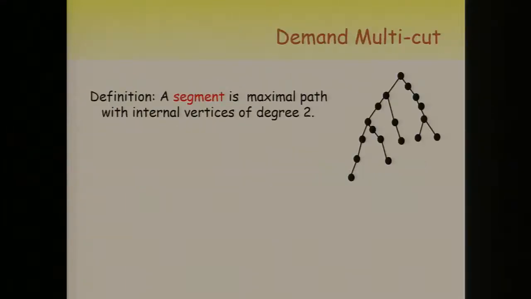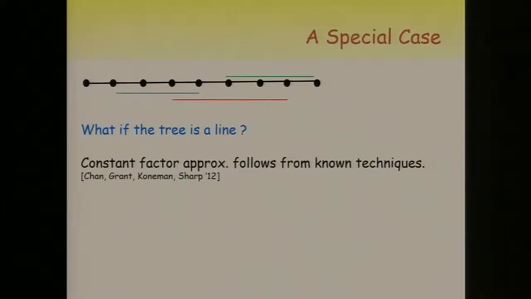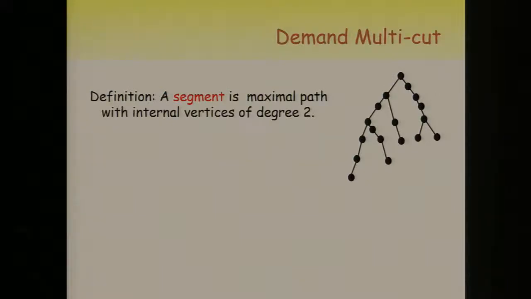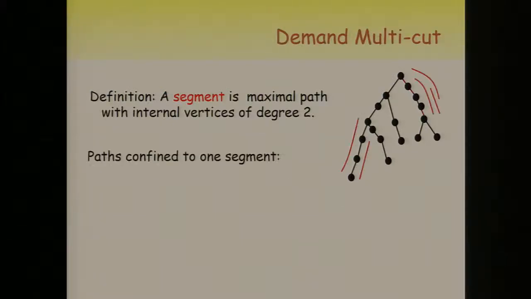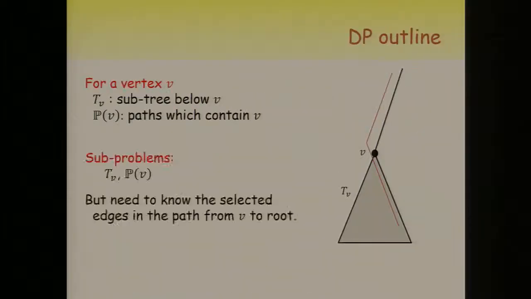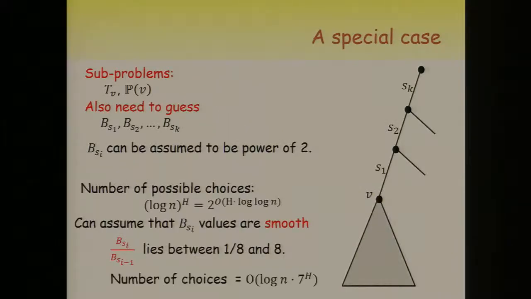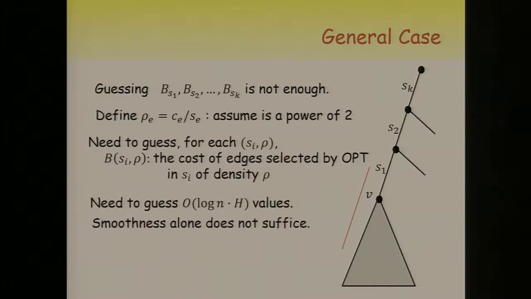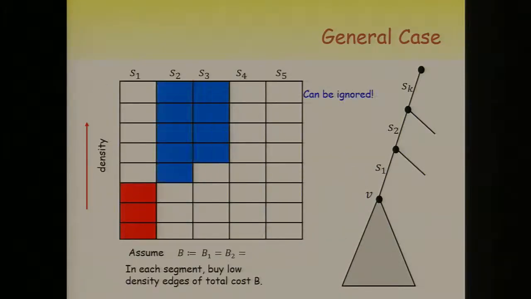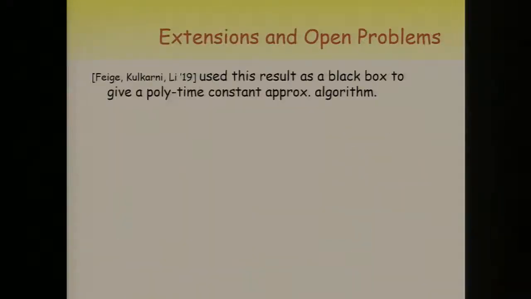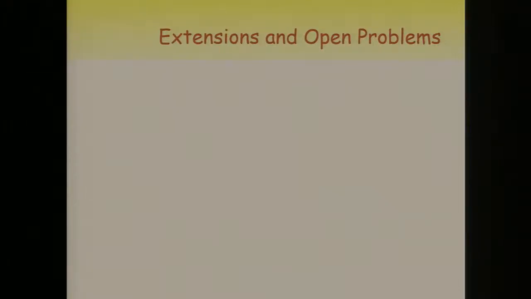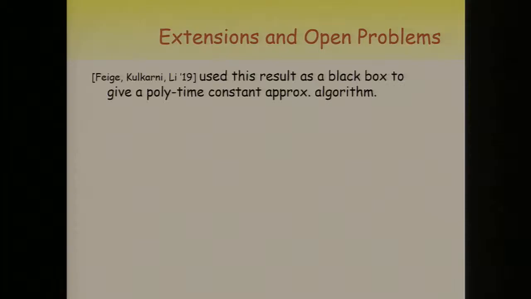I will not get into the algorithm here. Basically, it uses techniques based on dynamic programming. So I'll just skip all this and come to the last slide. Let me talk about what further work has happened on this problem.